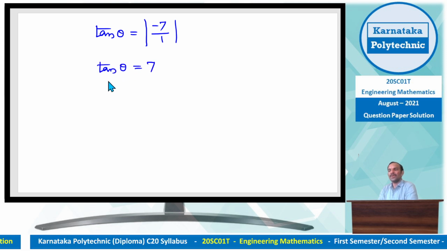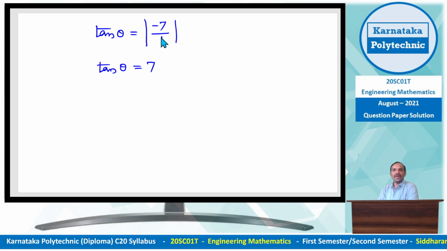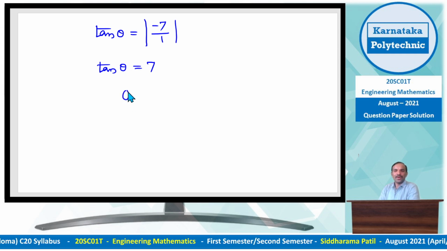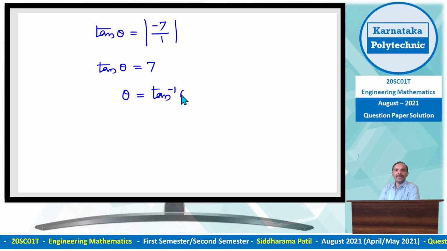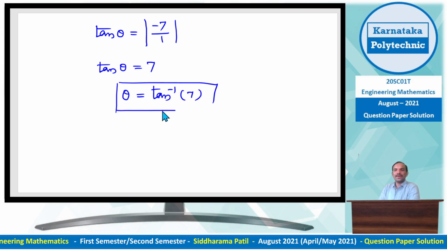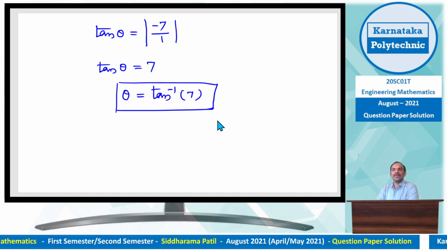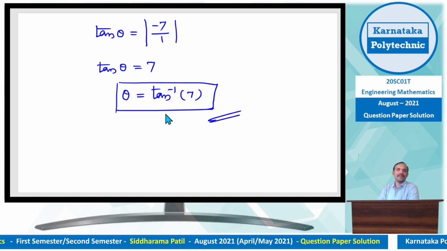Because theta is an acute angle, it should be positive. 7 is not a standard angle value, therefore theta equal to tan inverse 7. It is the required acute angle between the given lines.